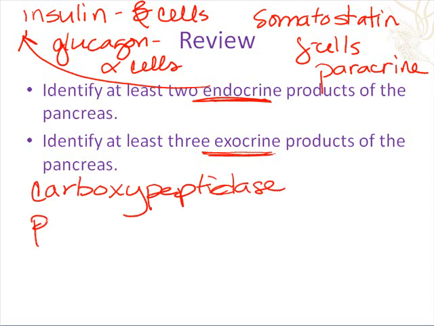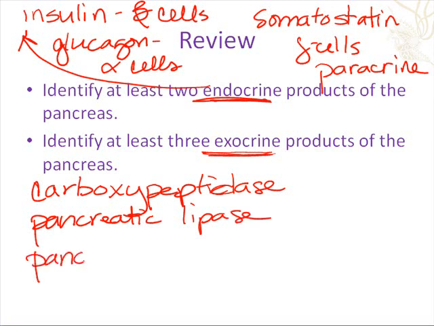You have pancreatic lipase to help digest fats. You have pancreatic amylase, which assists in the digestion of carbohydrates.